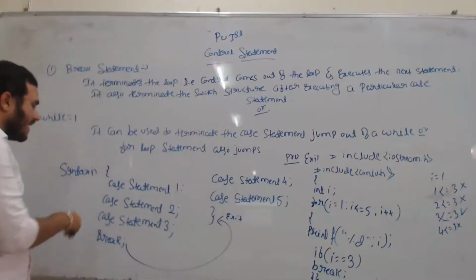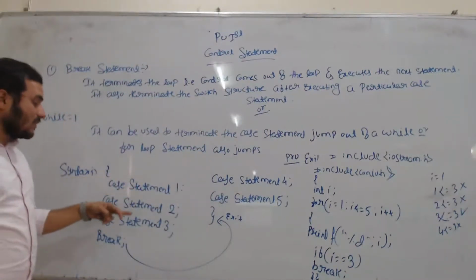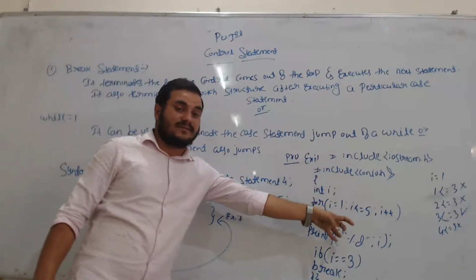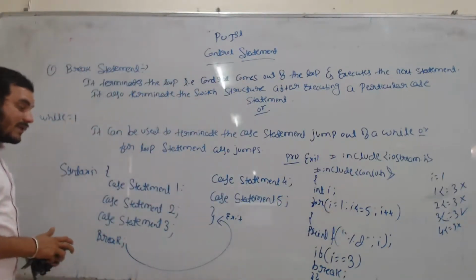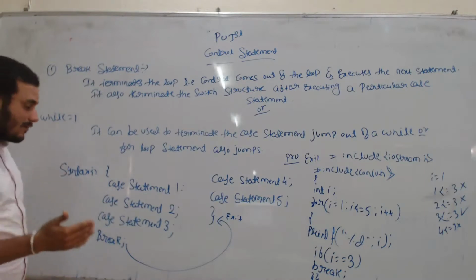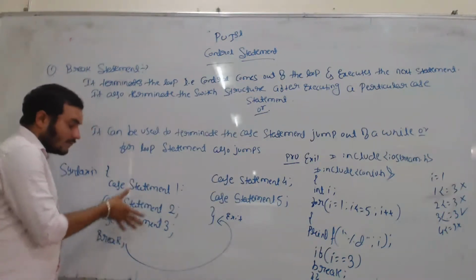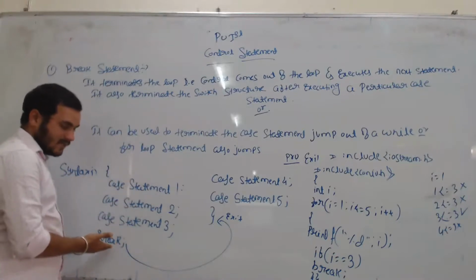This is the syntax: case 1, case 2, case 3. The syntax example is different, and this is for your listening purpose, the example is different. When you execute only one case, you have to apply the three cases, and after that apply the break statement.